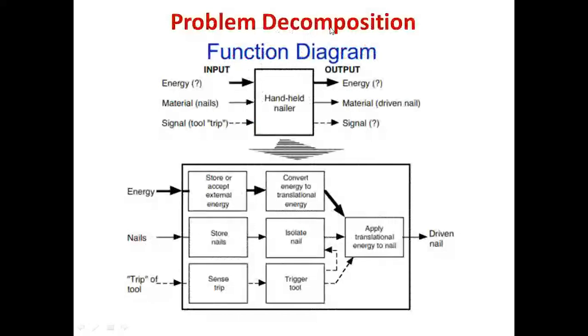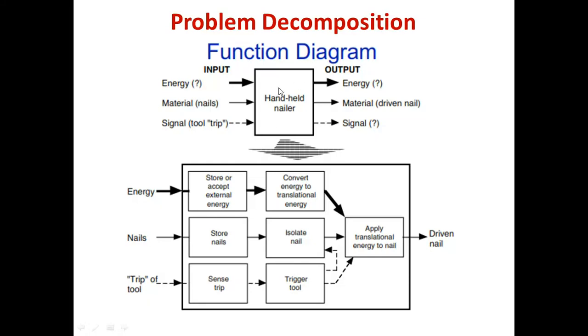Then problem decomposition, the function diagram. The input is energy, how much input energy is required, the materials we use, and the signal, tool trip, that is, the time between one nail and another nail.